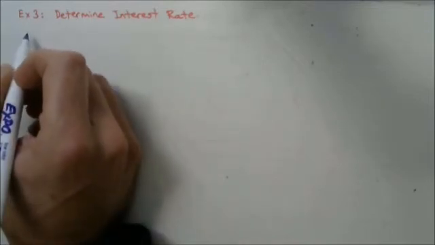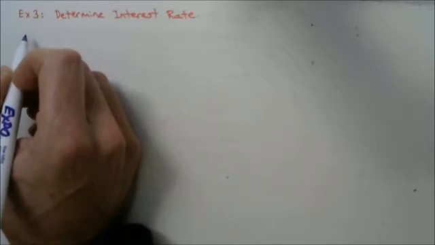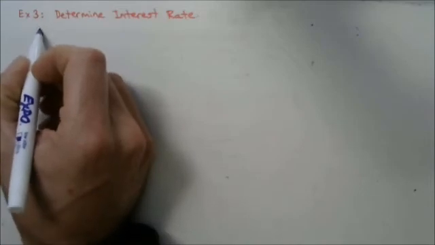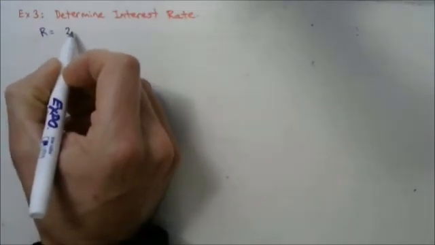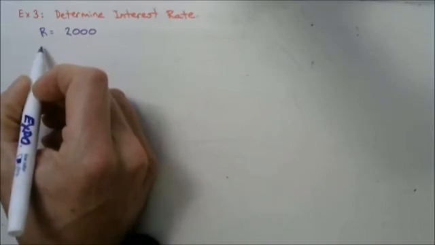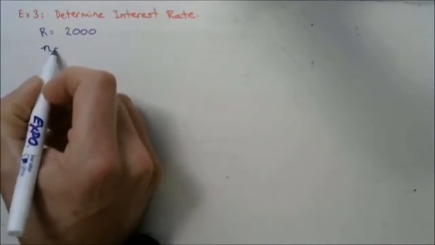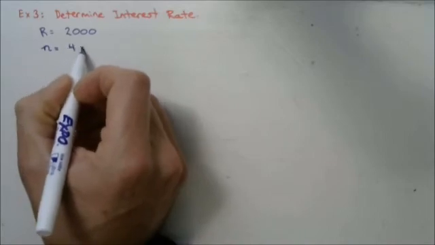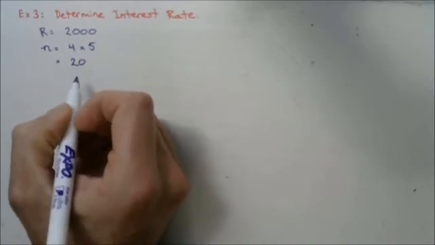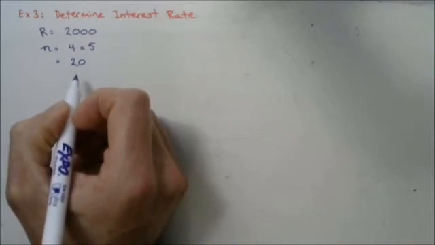So we have our dear friend Oliver. He plans to invest $2,000 quarterly for 5 years. So his regular payment is $2,000. He's going to do this quarterly for 5 years. So N is 4 times 5, which is 20.